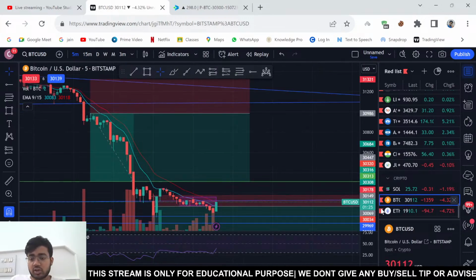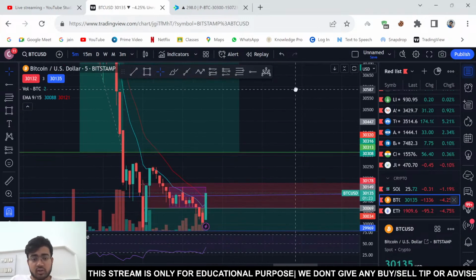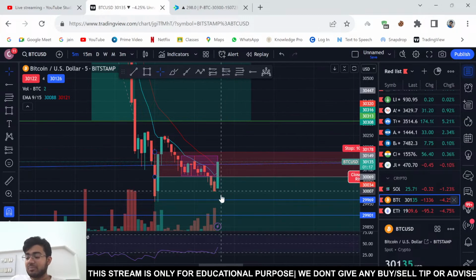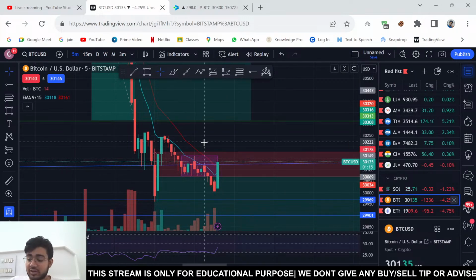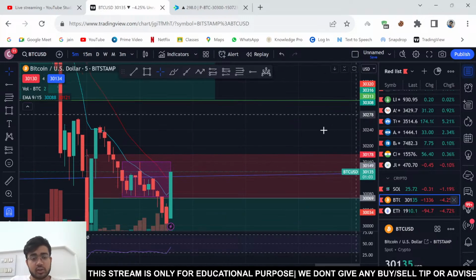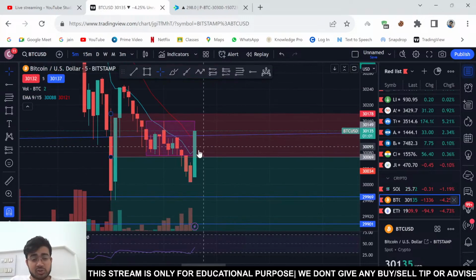Bitcoin is taking a reversal. I think it's the end of my money. This big bar is indicating really wrong things for me, and I think that the downtrend is about to be over because this big bar has crossed the 15 EMA level, and with just two bitcoins, such a big momentum is not expected.